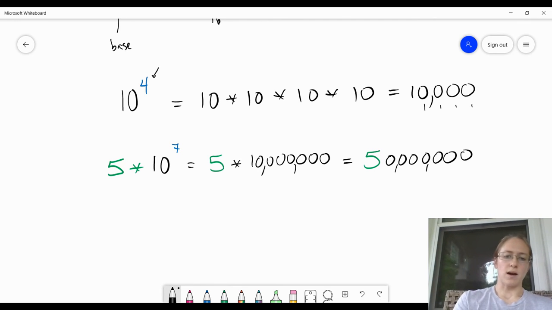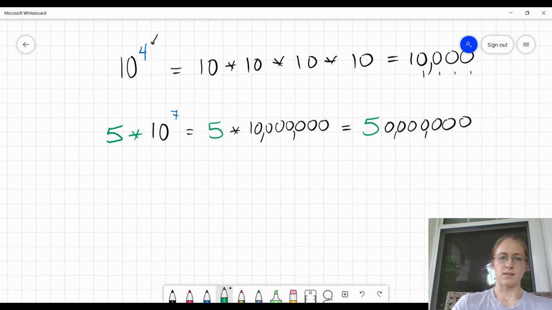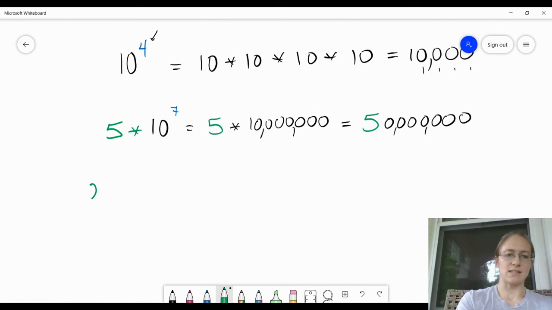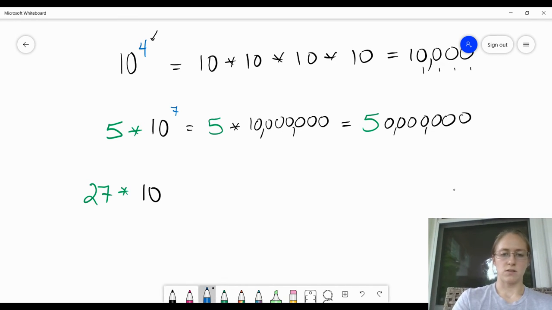So as we are doing this, one thing that can be helpful to notice, if we do, let's say, 27 multiplied by 10 raised to the 5th power.